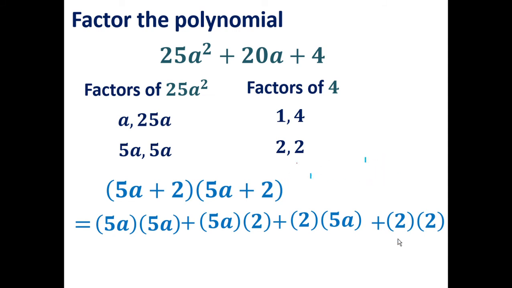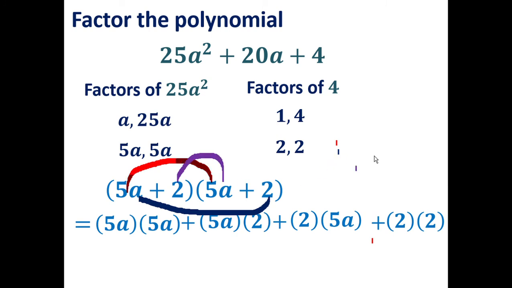Highlighter, ang kulay ay red. So, ibig sabihin, yan muna, yung first, tapos palitan natin ng kulay. Outer, tapos palitan ulit natin ng kulay. Inner, palitan ulit natin ng kulay.